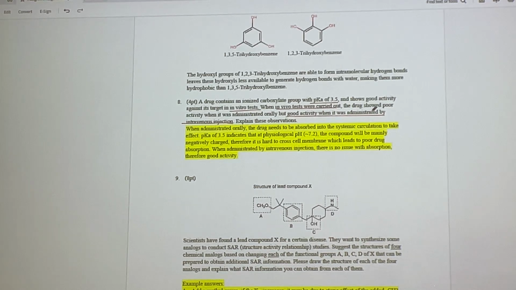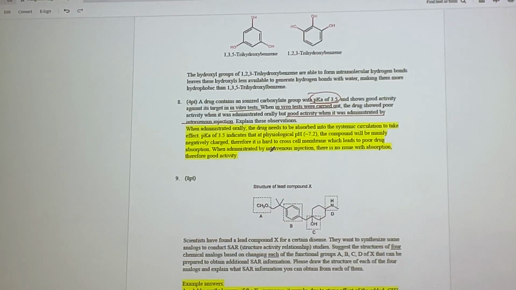I think that's also quite simple to think about, because if you compare oral administration versus intravenous injection, the difference would be whether or not it needs to cross the cellular membrane. And we know that the pKa is 3.5, and the physiological pH in the human body is about 7. So at that pH, this molecule would be negatively charged.